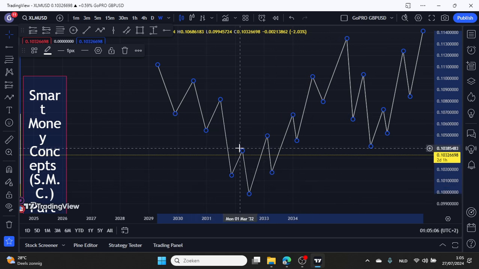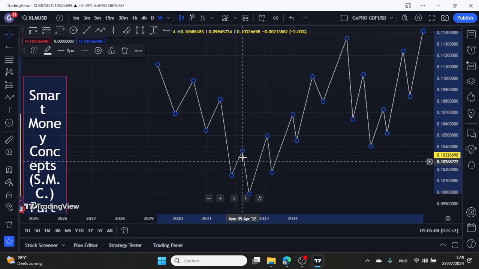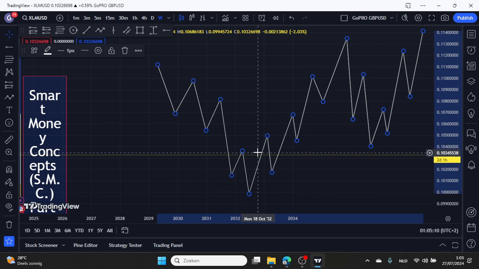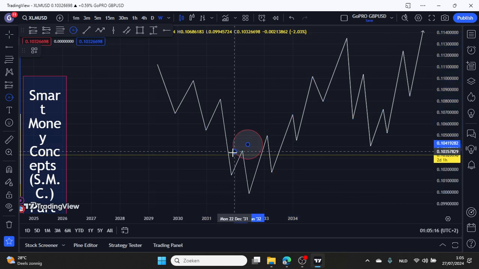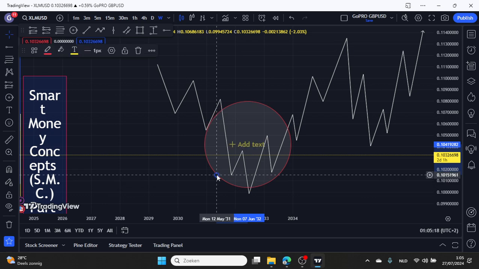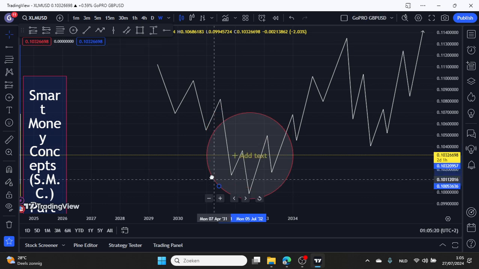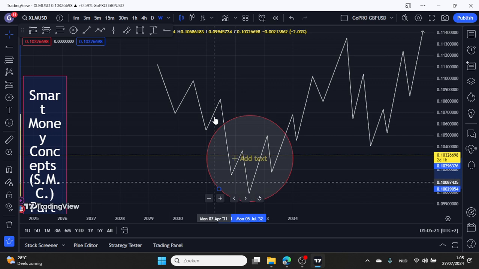But here we can see breaks of structure and market structure shifts. And for smart money concepts, remember this, this is the pattern that we look for.